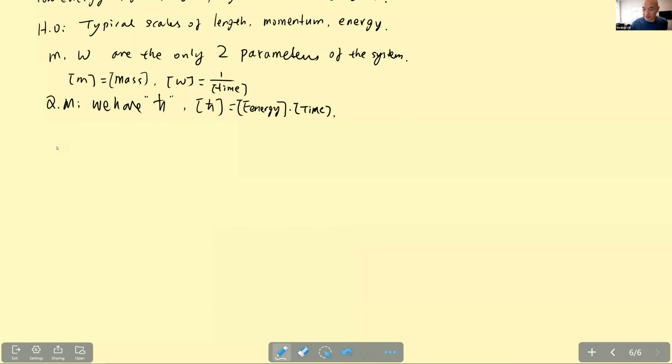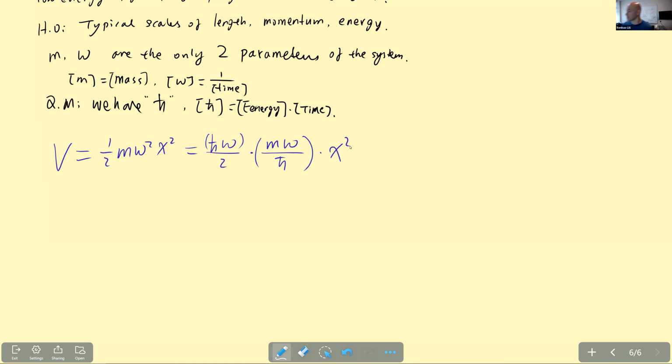Let's look at the potential energy first. This potential energy equals one half m omega squared x squared, and this of course has the dimension of energy. So we write this as h bar omega over 2, which has the dimension of energy, and then what's left is m omega over h bar times x squared.